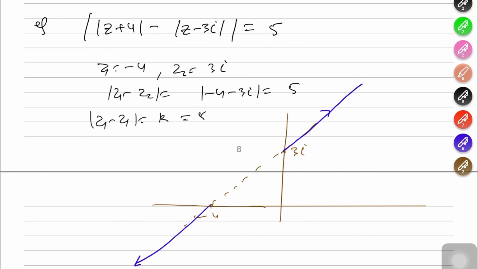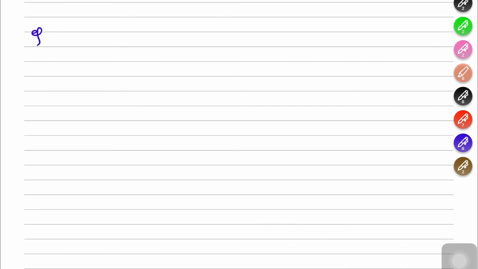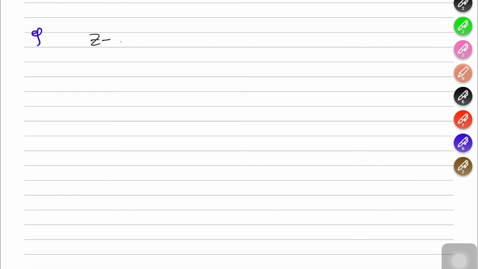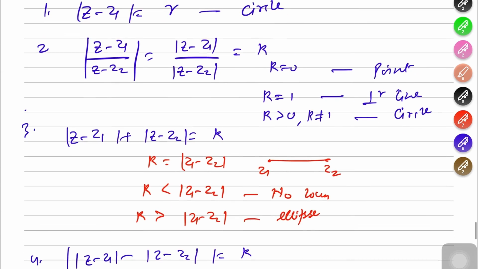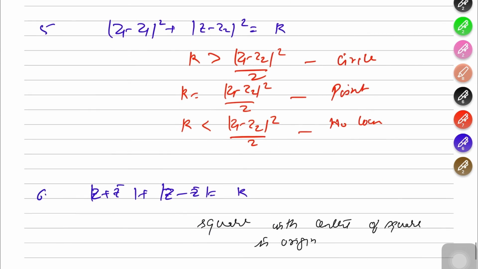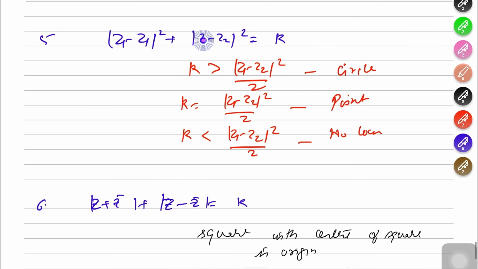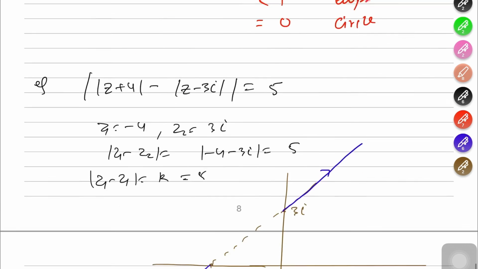Okay, let's take one more example. |z − 2 − 3i|² + |z − 5 − 7i|² = 30. So what does this represent? Whenever there is a square of a modulus, they represent a circle, but the condition is that 2k should be greater than |z1 − z2|²/2.